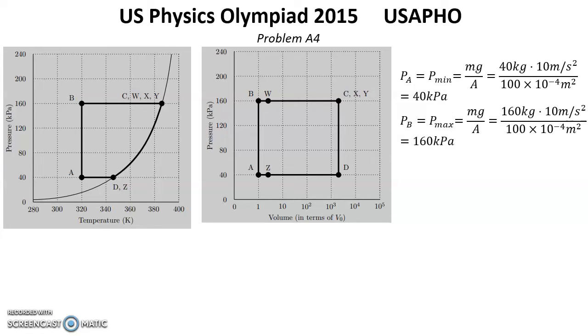The maximum pressure is when lifting the piston plus extra weight, and the extra weight is 120, so total is 160 kg, and P maximum will be 160 kilopascals. And point A is clearly at P minimum and T0.